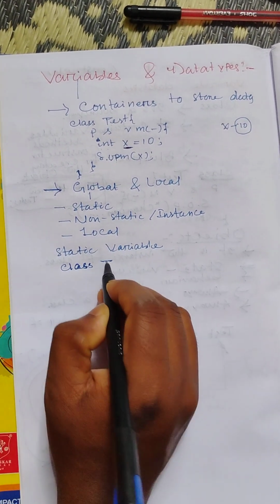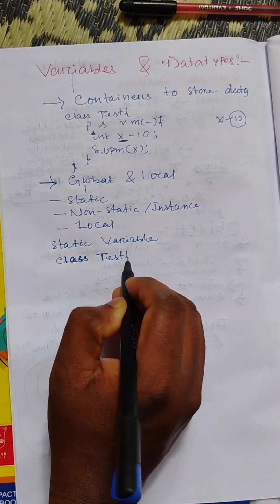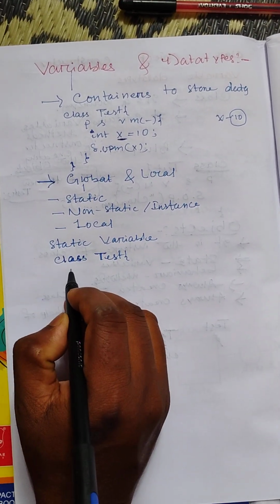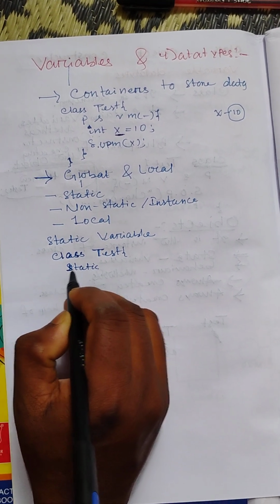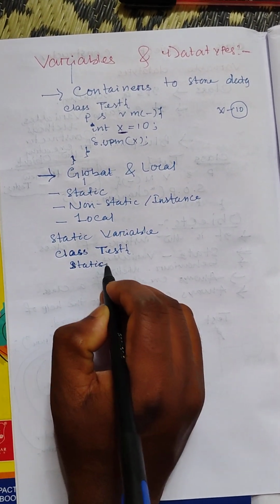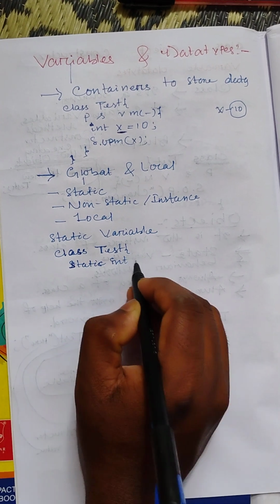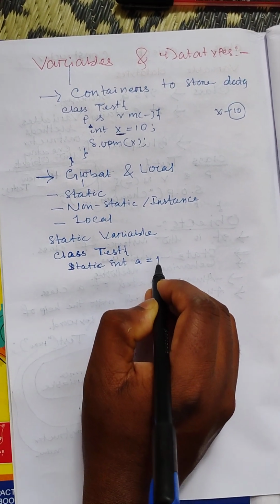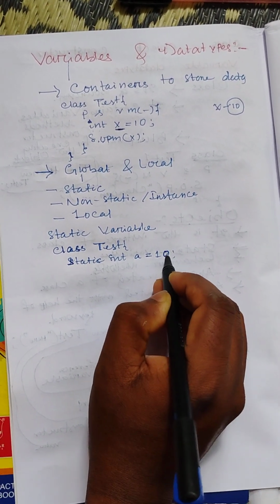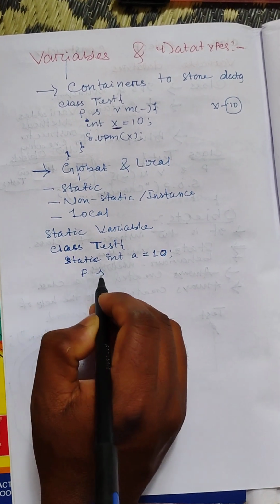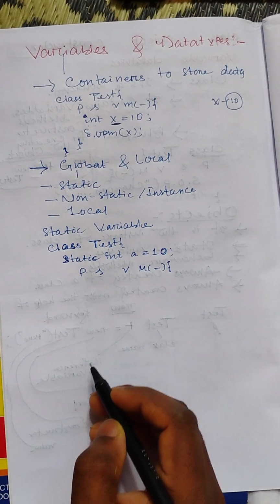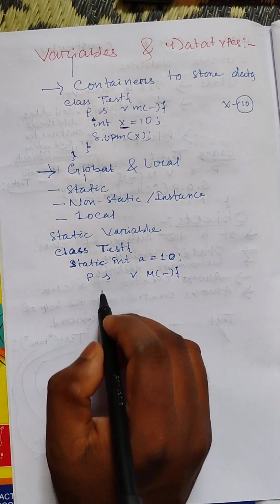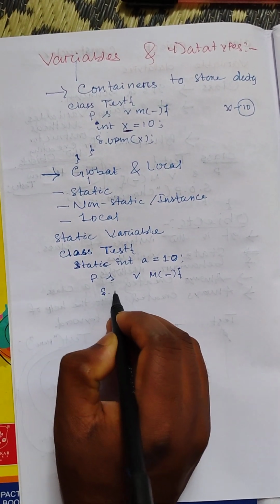Class test. The static keyword is lowercase s. Static int a is equal to 10, suppose. Okay, main method. And how can we print this static variable?